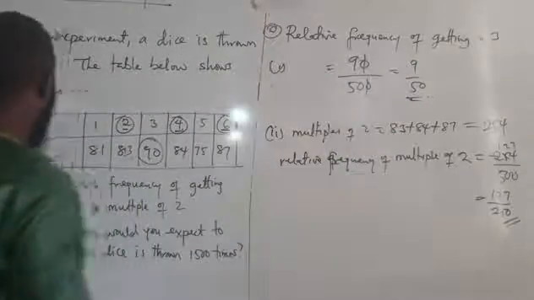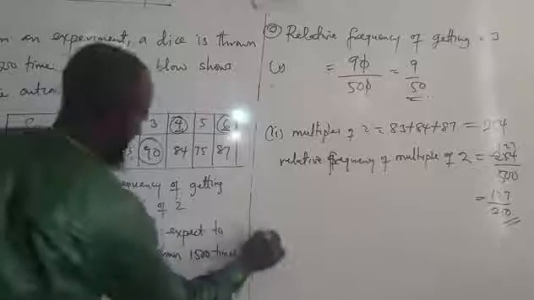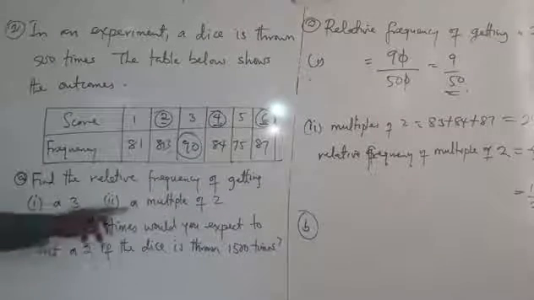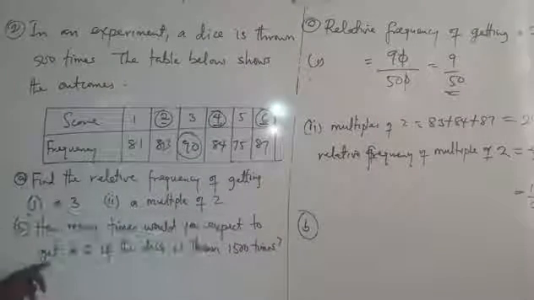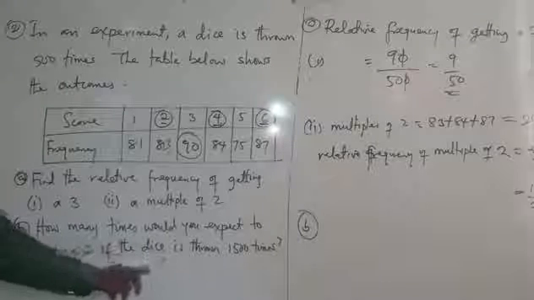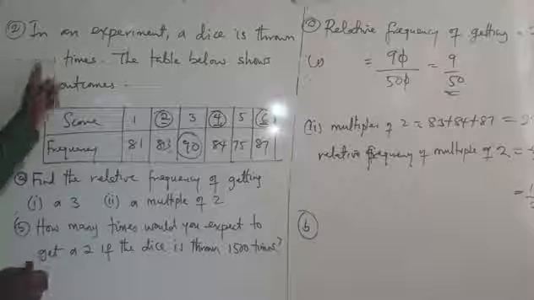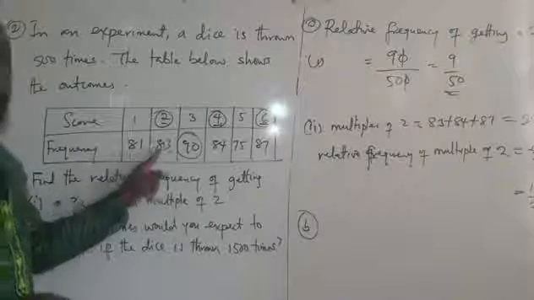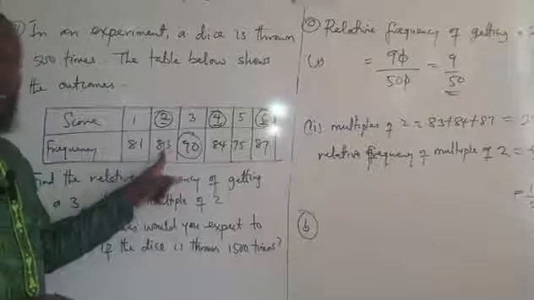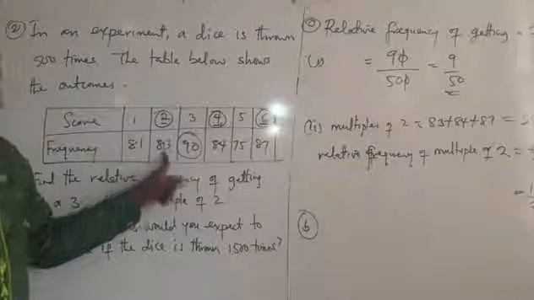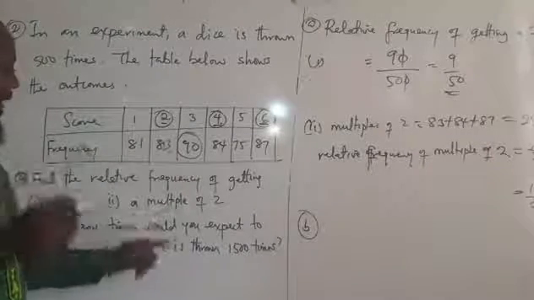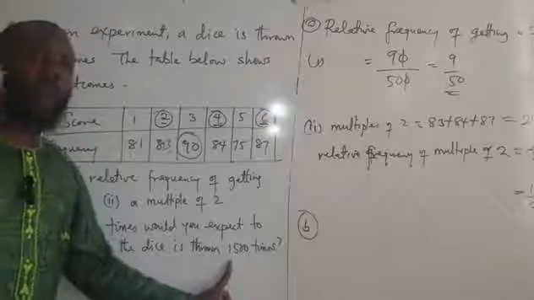So that is that. Then for B, the B part here: how many times would you expect to get a 2 if the dice is thrown 1,500 times? Now, it is thrown 500 times, and 2 appears 83 times. So how many times will 2 appear when the die is thrown 1,500 times?